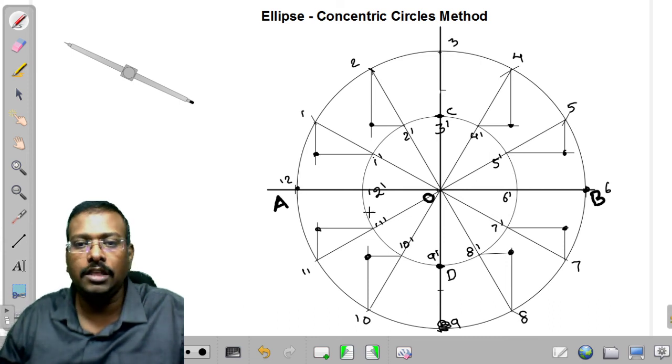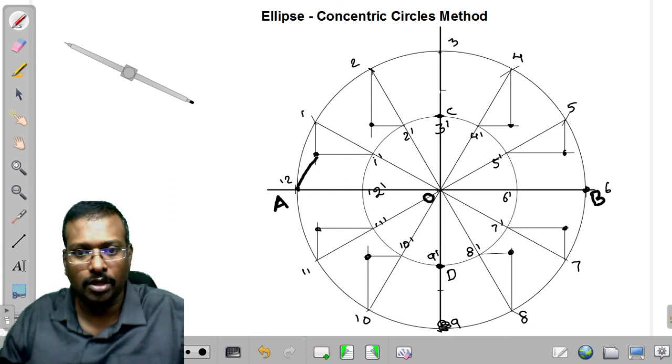If you join all these points as a smooth curve, we'll get the required ellipse. Just you observe.